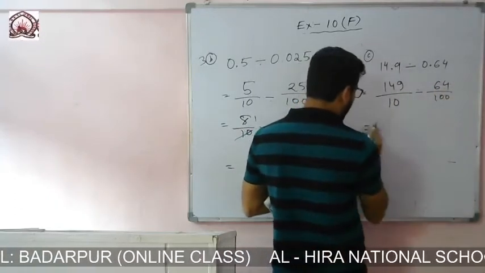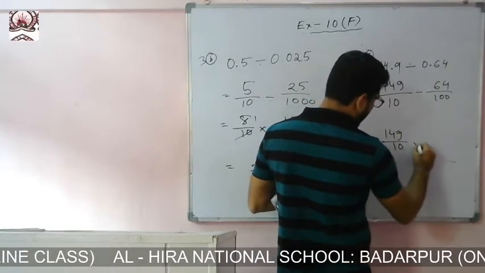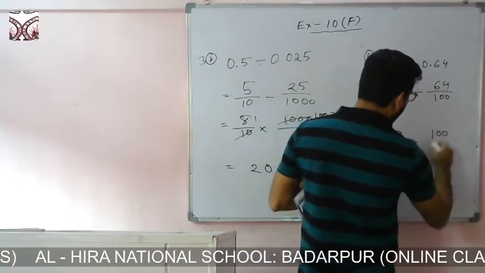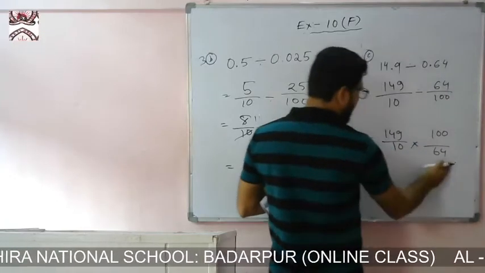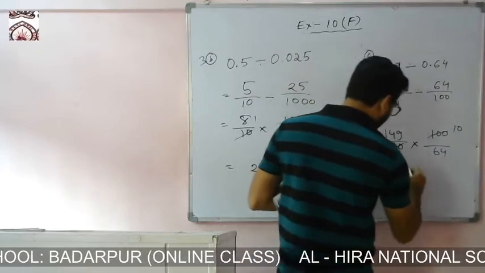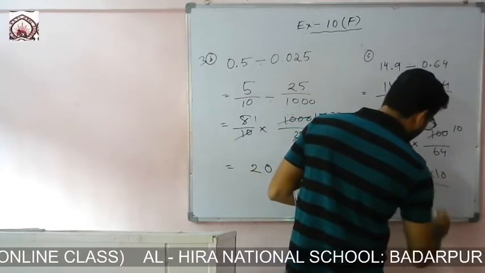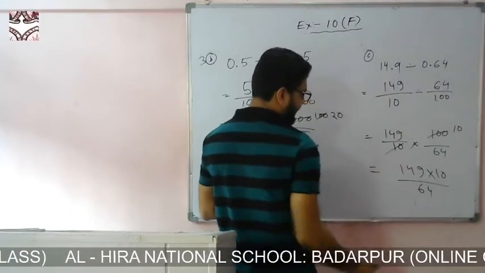Now you interchange, then it will become like this: 149 by 10 into 100 by 64. Now 10 tens are 100. You can write 149 into 10 divided by 64. Now you divide this one.